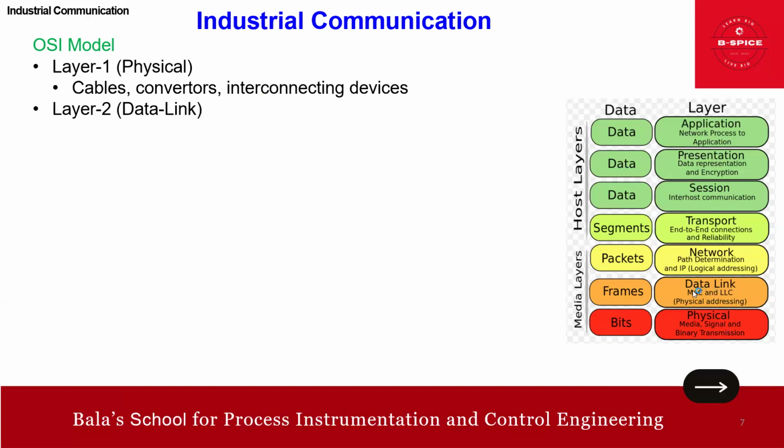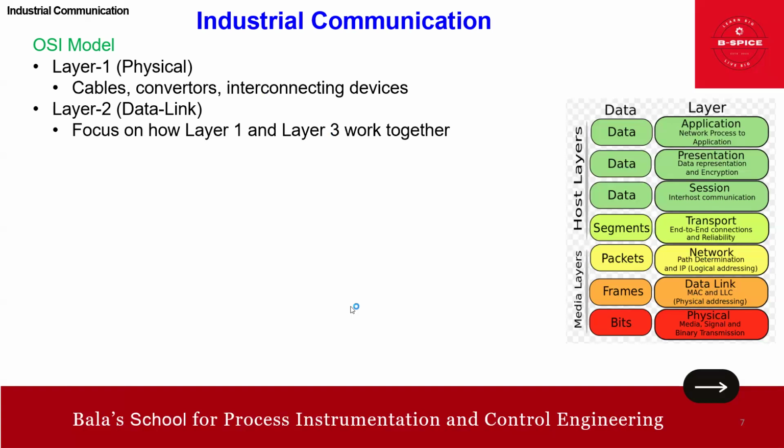Layer two is the data link layer. This layer concerns itself with how layer one, physical, and layer three, network, work together.